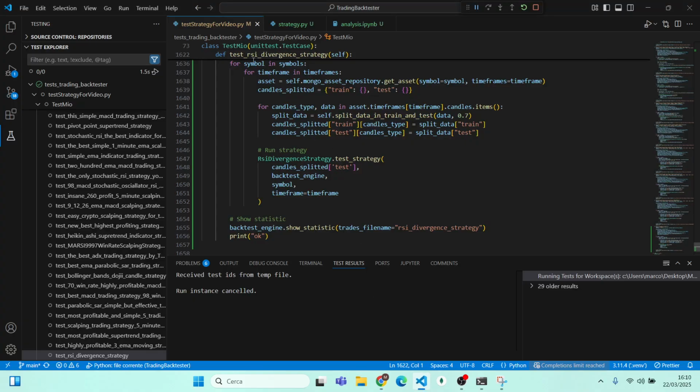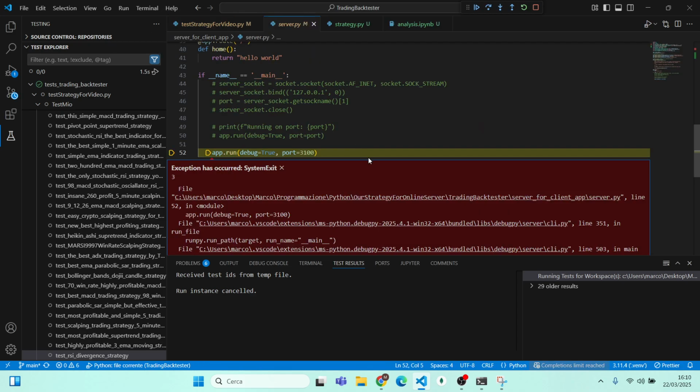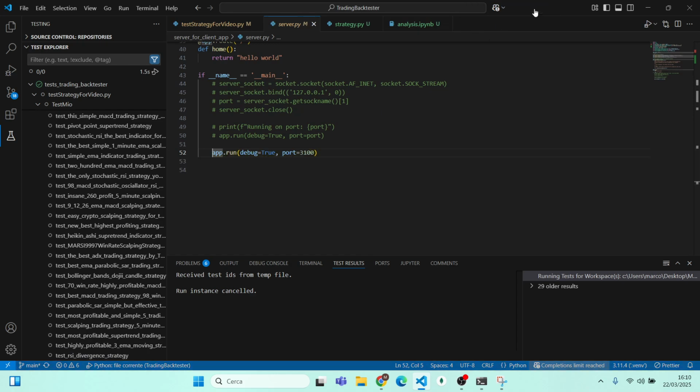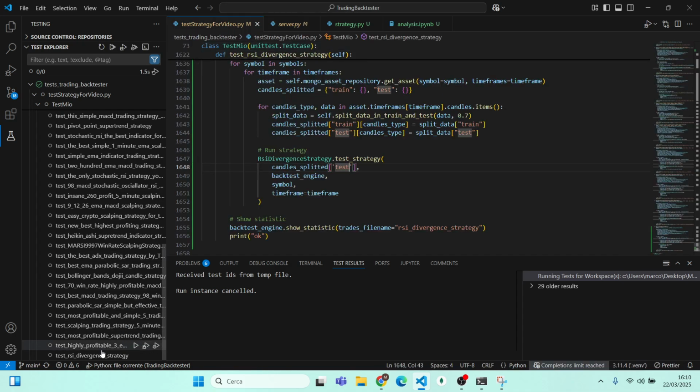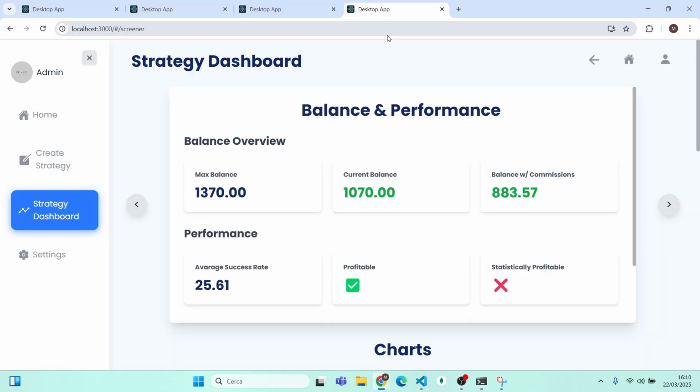But now let's run the strategy again on the test dataset, and let's see if it's improved or not. Okay, let's run again. And as you can see, this is the new average success rate in test, 25. Before it was 25.08, so 0.5% higher than before.